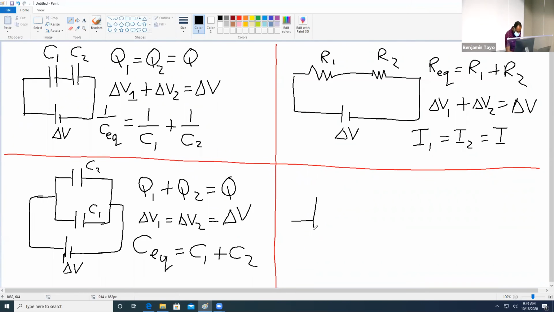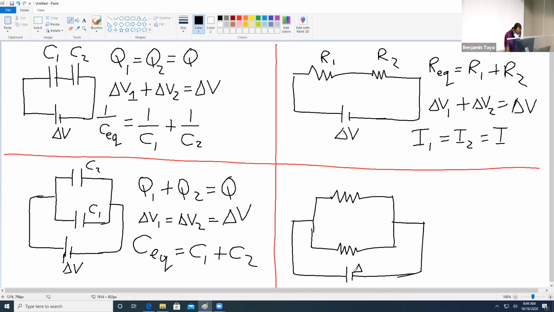Now, if you have two resistors connected in parallel, this is my delta V, this is my R1, this is my R2. Notice that this point here is called a branch. Because this point is a branch, whenever the current I comes in here, it is going to split up into two parts.